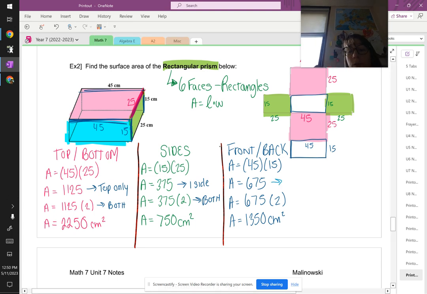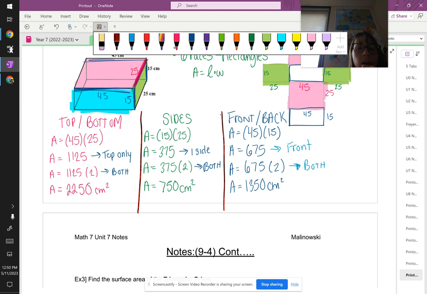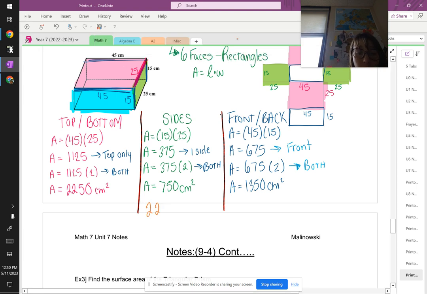And again, just making these notes, you don't have to do this on your practice problems, but I do want you doing this on your notes so you can see why we're multiplying by 2 and not just randomly multiplying by 2. All right, last but not least, final step to get your total surface area would just be adding all your areas together.